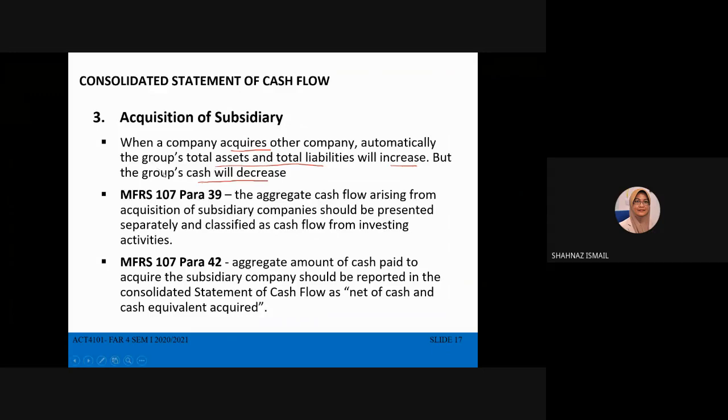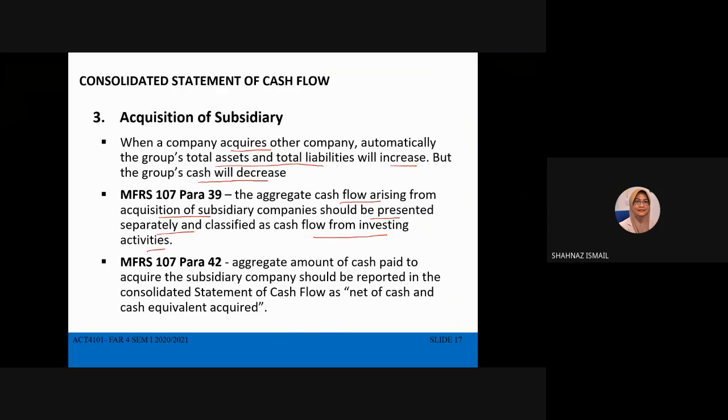So MFRS 107, paragraph 39, dia kata the aggregate cash flow arising from acquisition of subsidiary companies should be presented separately. Okay. So cash flow from acquisition of subsidiary should be presented separately. Maknanya dia kena ada satu item sendiri and classified as cash flow from investing activities. Okay.